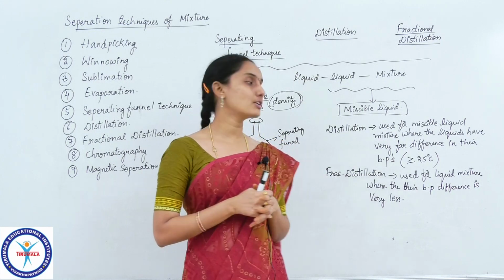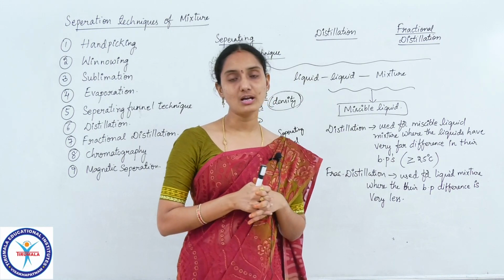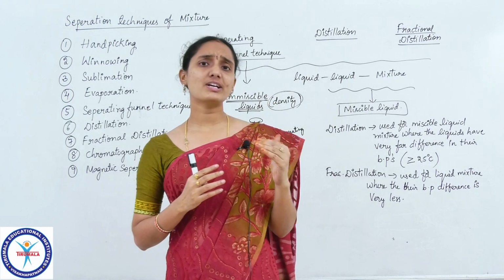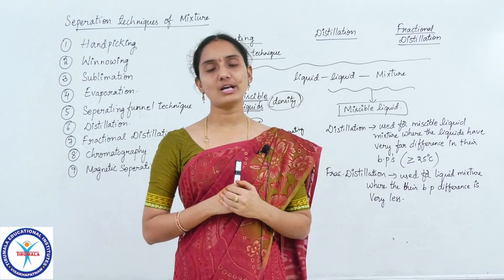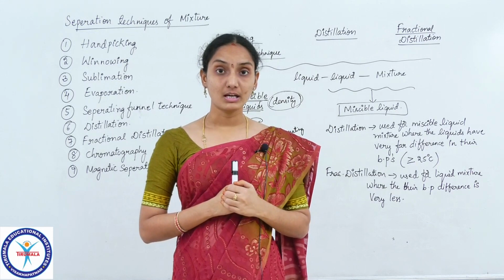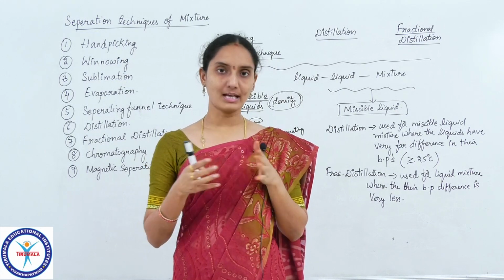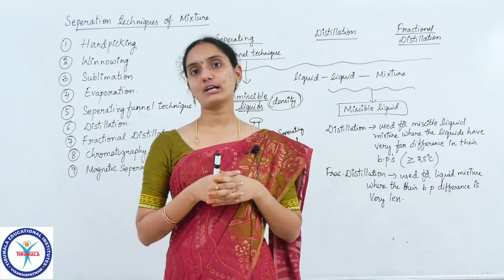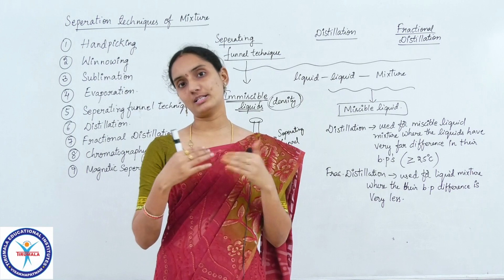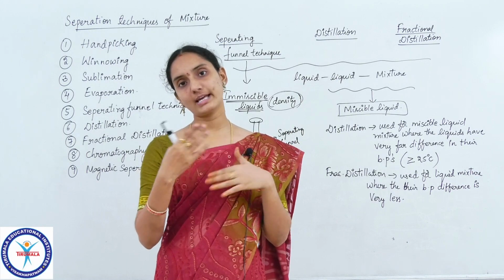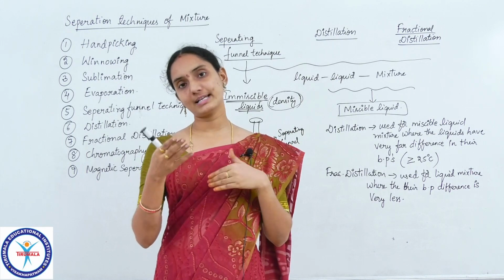In such a condition you should use fractional distillation, where this technique is similar to distillation, but we use a fractionating column to separate these nearest boiling point liquids by constant condensation and vaporization, cooling and vaporizing and cooling.